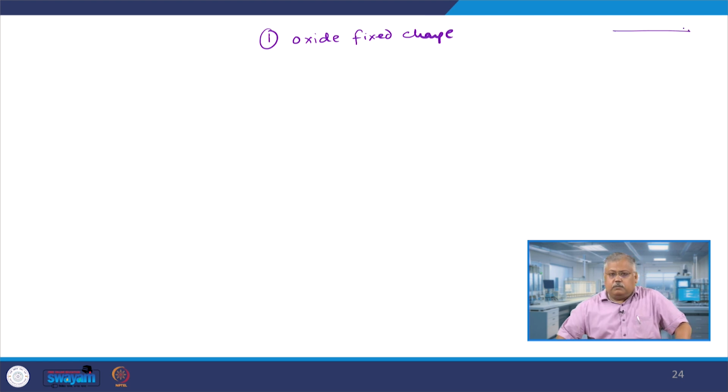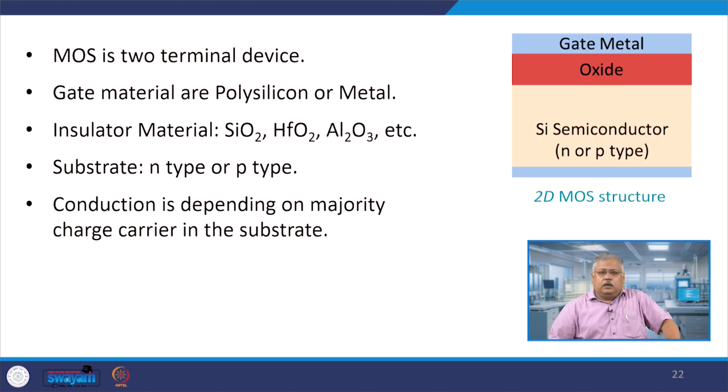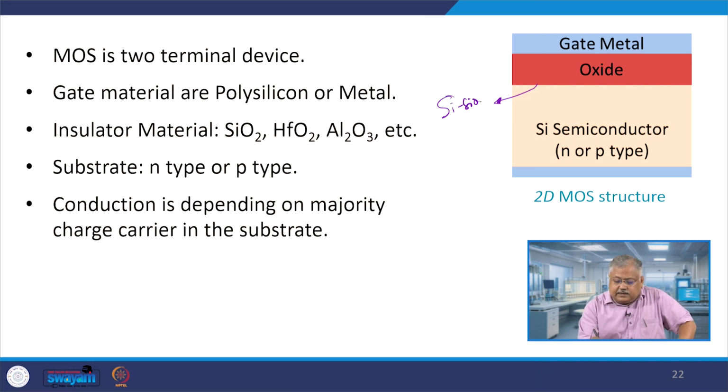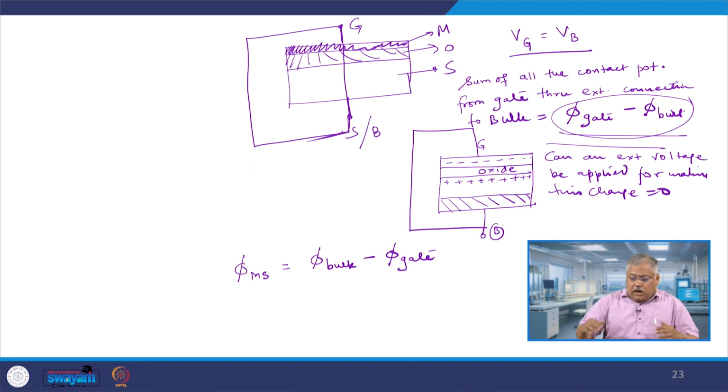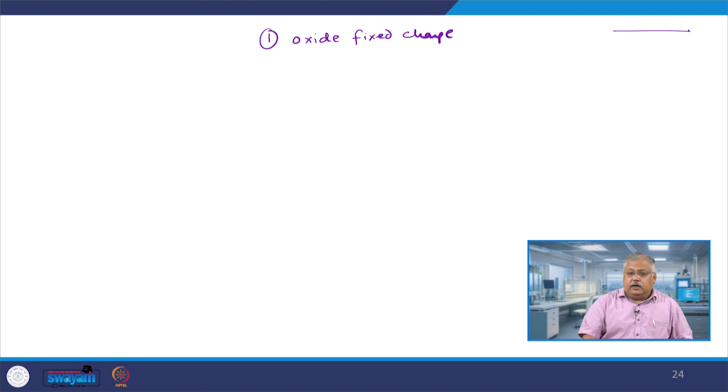You see, this is my silicon interface material, this is my silicon dioxide interface, right. So, these charges are very close. Let me write that down. So, the first charge is the oxide fixed charge. As the name suggests, it is a fixed charge, right. It is not a movable charge.